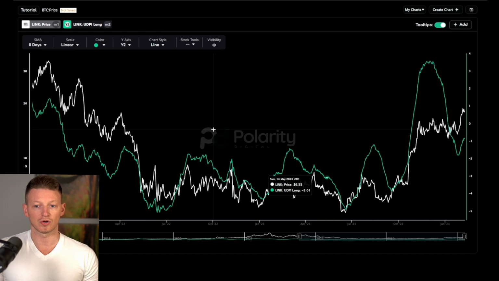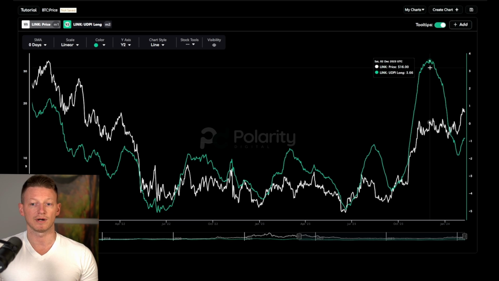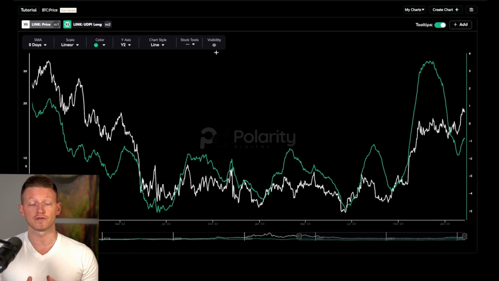Okay. So overall, this model absolutely nailed the bottom, and then it nailed this local top that we hit at around 17 bucks. Anyone who was going to sell probably did. Now we're ready to continue moving to the upside. So we have this model for Chainlink, Bitcoin, Ethereum, and around 40 to 50 other top altcoins.